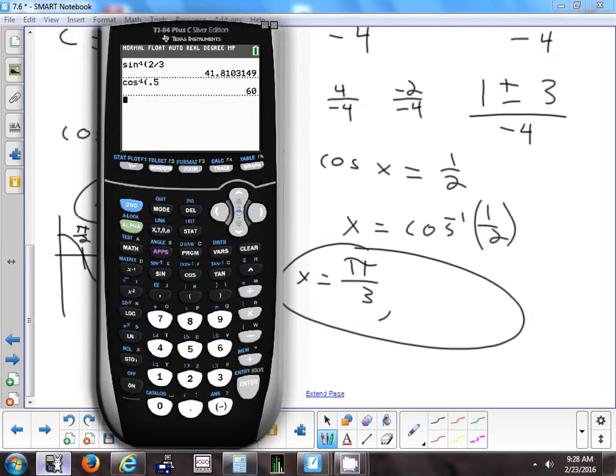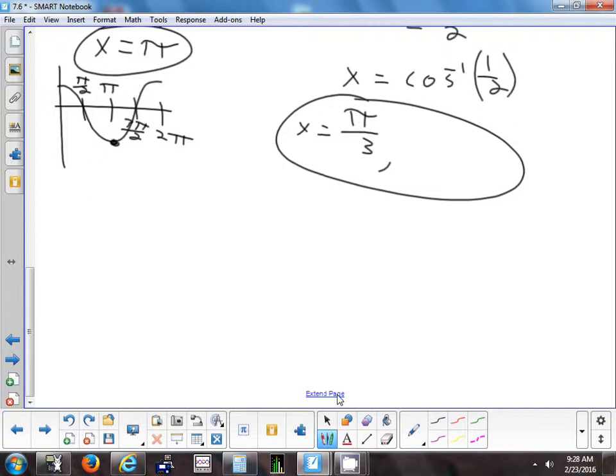Now, here's where we have to think, is there a second answer? How many quadrants is cosine positive in? 2 quadrants. We just found 60 degrees. That's quadrant 1. Where's the other quadrant where cosine is positive? Quadrant 4. We need to find the quadrant 4 answer.